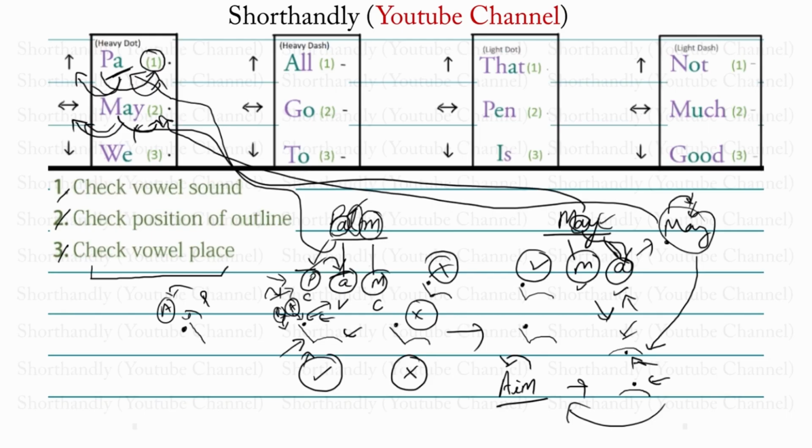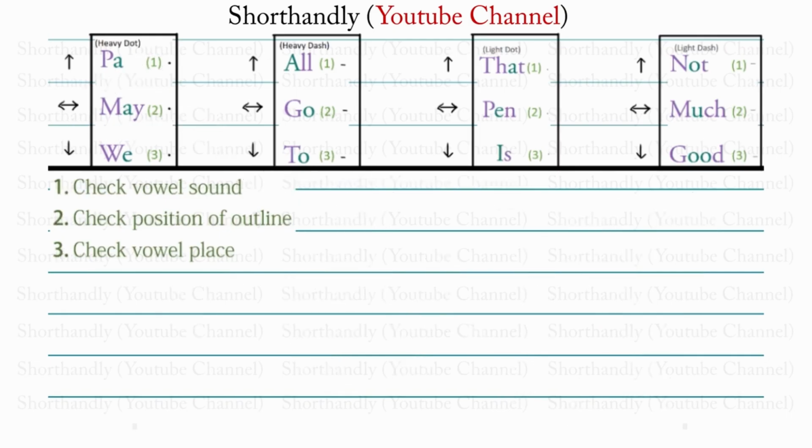Alright, so that's how you make the word may. Now let's take more examples. Now we have this word called beat. Okay, first check the vowel sound.